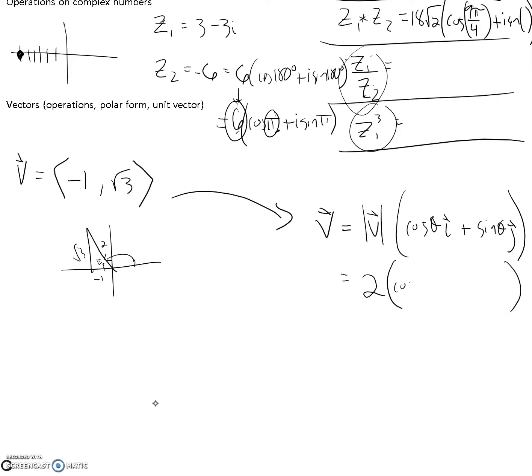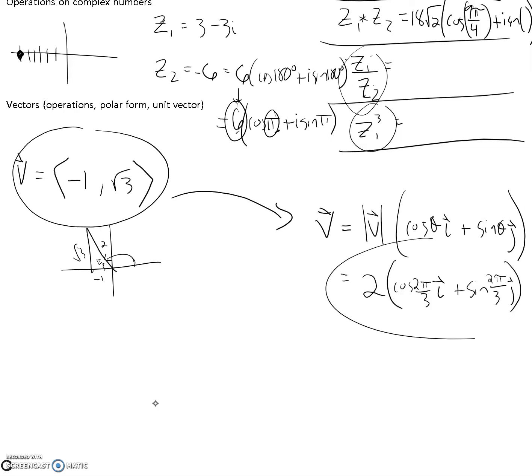So it would be the cosine of 2 pi over 3 in the i direction plus the sine of the same thing, of course, in the j direction. Okay, this is very similar to what we did for polar and for complex numbers. Two forms, x, y, polar, or trig. And then we did operations on vectors.